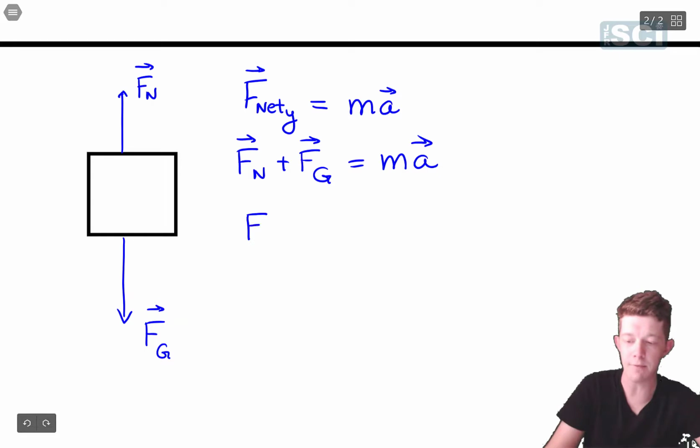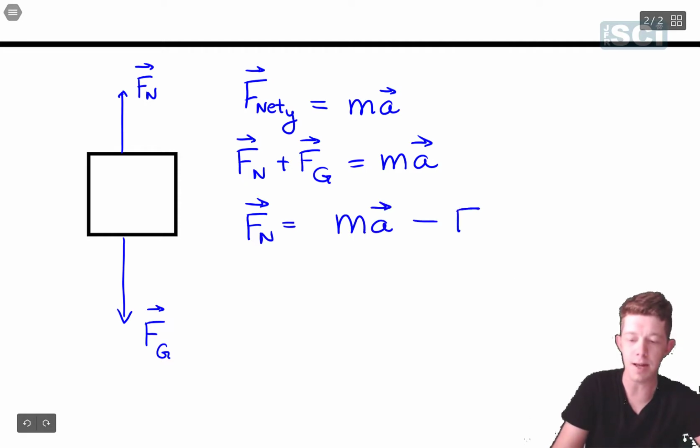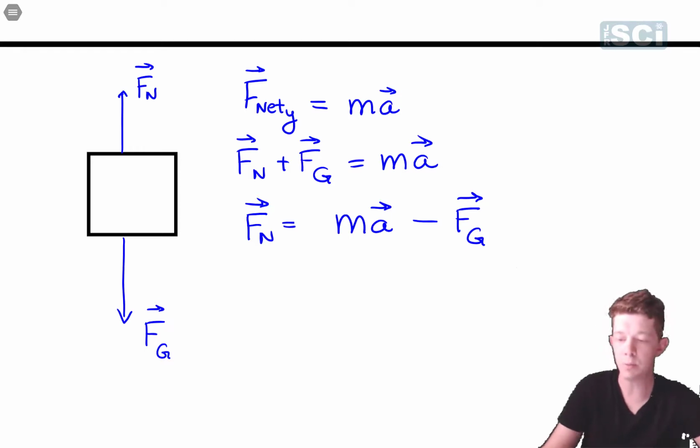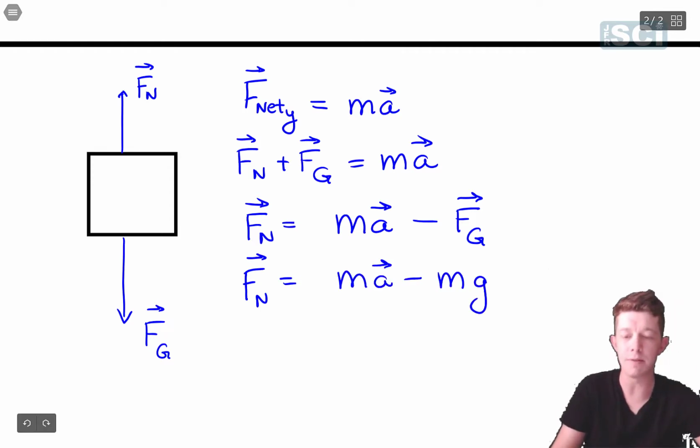So let's isolate for Fn. Fn as a vector is equal to our mass times the acceleration, subtract off that weight force, that force of gravity. And we learned in an earlier lesson that that force of gravity can be represented as the mass multiplied by the gravitational field intensity as a vector.